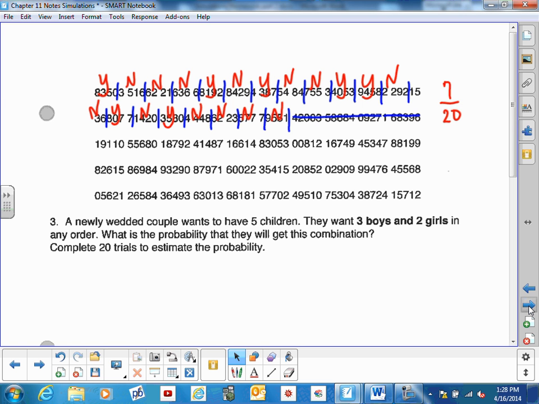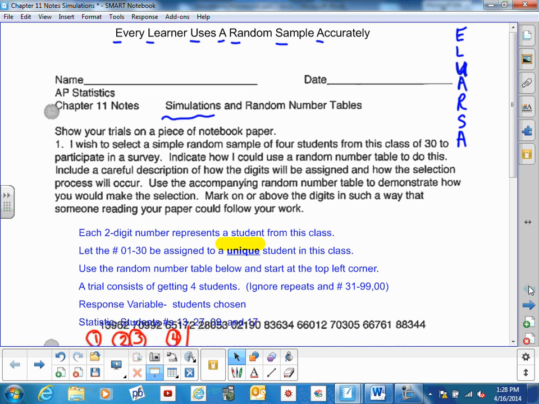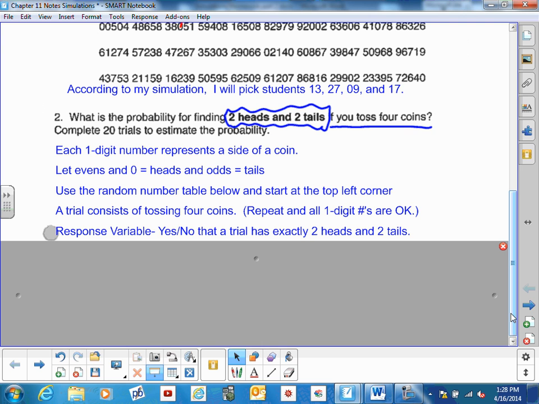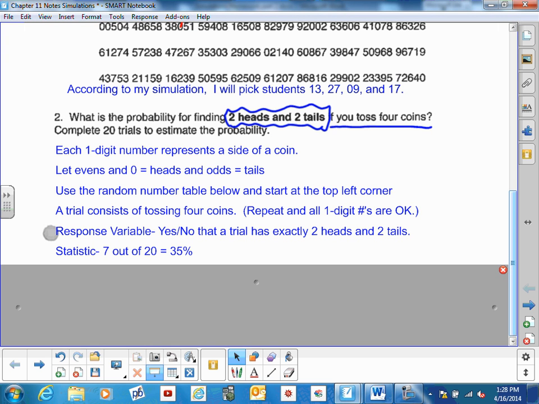I got 7 out of 20. So that means that down here for my statistic, I write I got 7 out of 20, which is 35%, because after all, I am finding the probability of this happening.